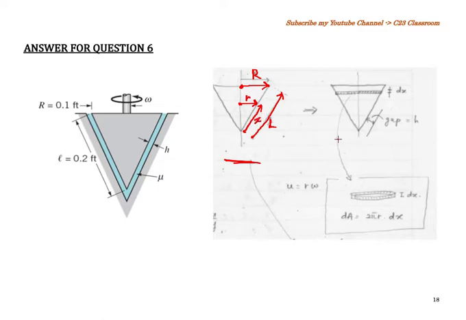We need to understand that because the travel distance for the top and bottom points is different, we need to calculate starting with a small area for each point. So let's say we are focusing on this point, on this area.